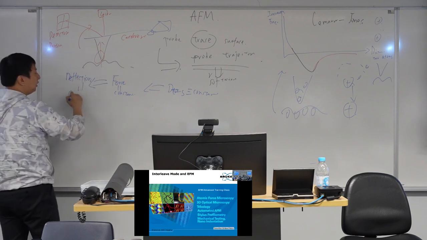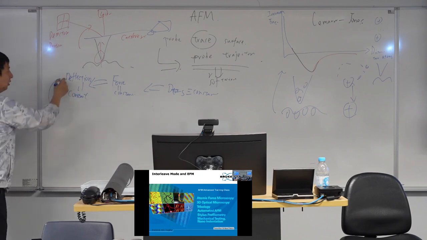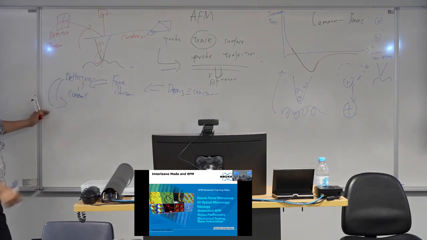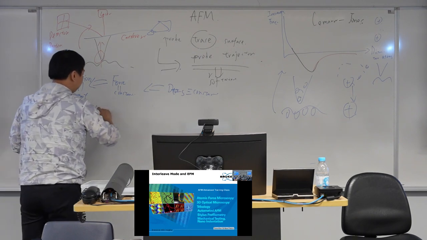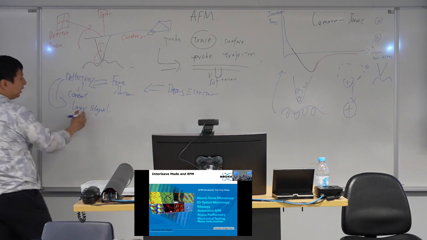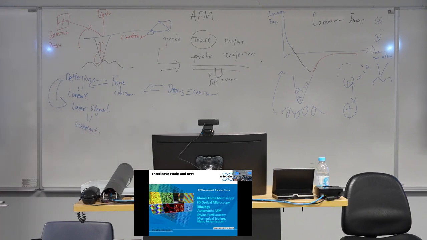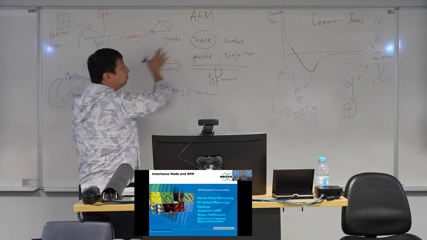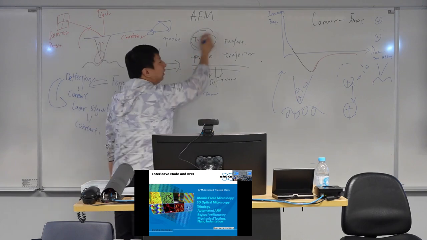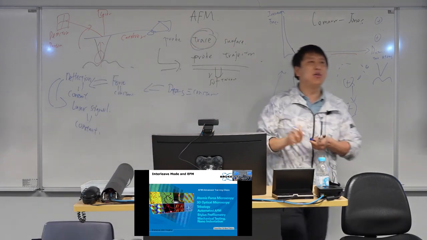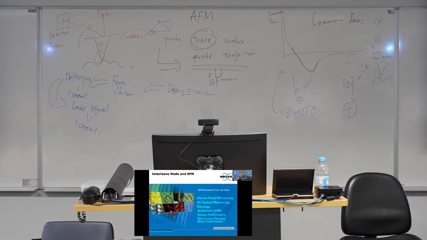We make sure that is a constant. And finally, the deflection, we measure it as the laser signal, and we keep that as a constant. And then our tip is moving forward and backward. We get the trajectory here. That's done. That's our AFM, right? That's how we do this experiment.